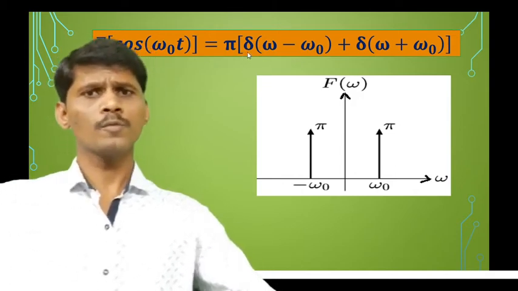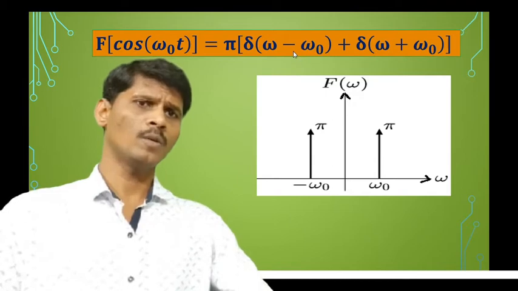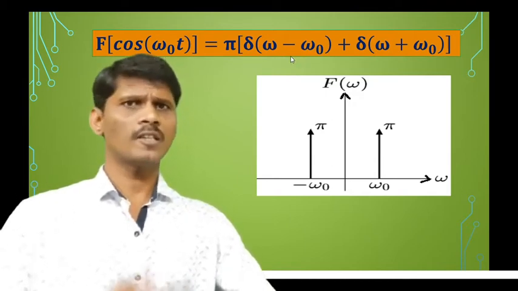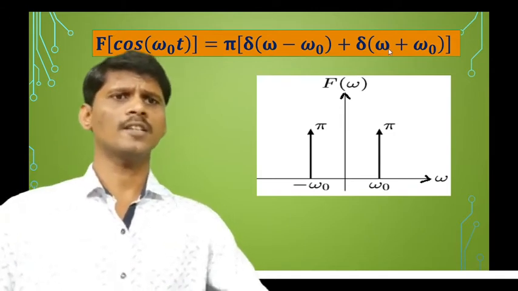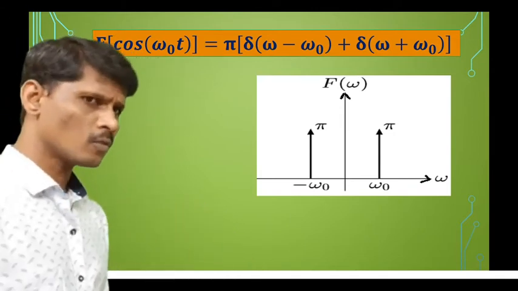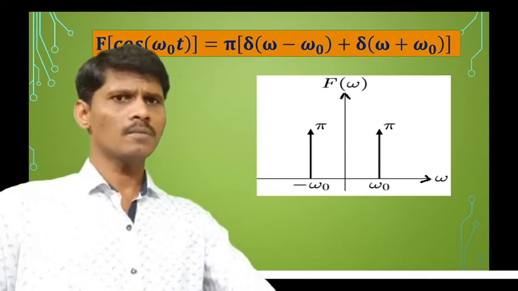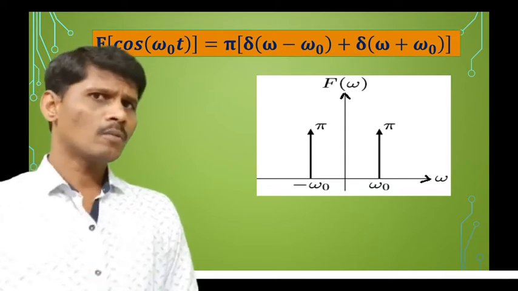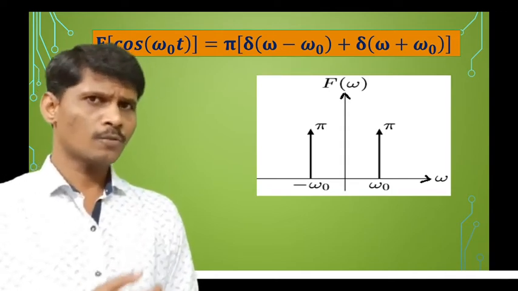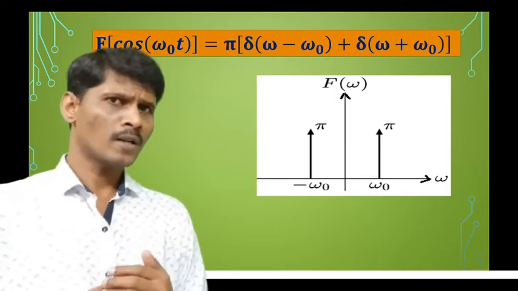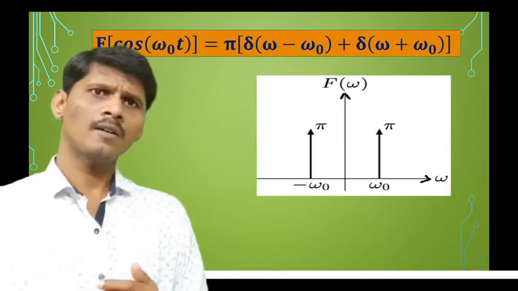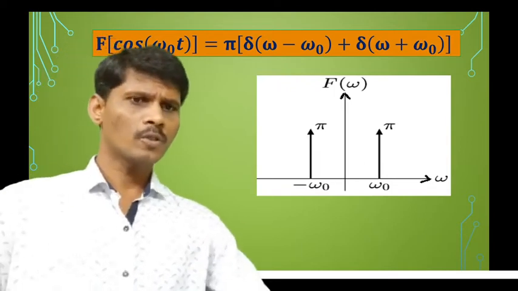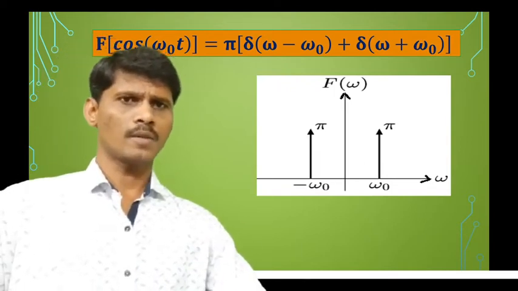On the RHS of this equation, the first term is del of omega minus omega naught, and the second term is del of omega plus omega naught. Del of omega is the Fourier transform of del of t. Del of t is the time domain representation of the impulse function, and del of omega is the frequency domain representation of the impulse function.